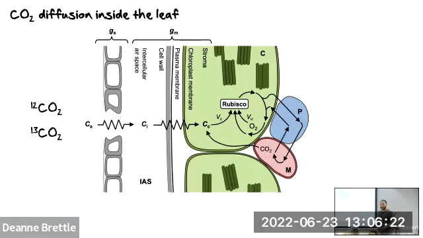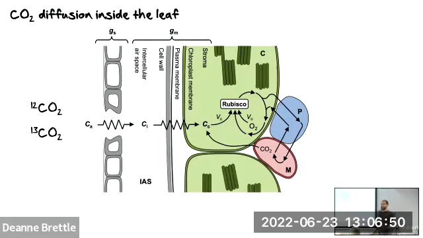Well, luckily there's a way that we can estimate this mesophyll diffusion, which is to make use of the abundance of natural carbon isotopes in the air. So we have heavy 13CO2, which occurs naturally in the air, diffuses slower into the chloroplast, and is also metabolized by biochemical reactions slower.